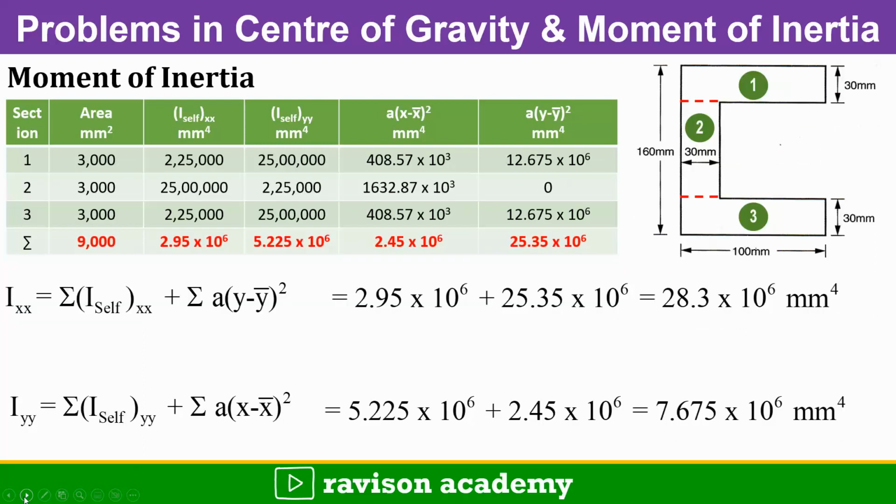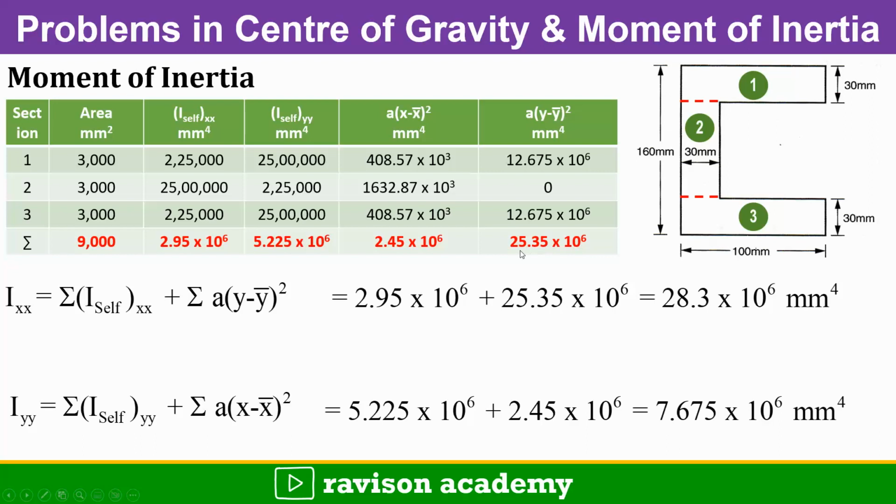The final table will be shown like this. The Ixx for the total is equal to the Ixx self plus summation a into y minus y bar the whole square. Ixx self is already calculated in the table, that is 2.95 into 10 power 6, and a into y minus y bar the whole square is 25.35 into 10 power 6.